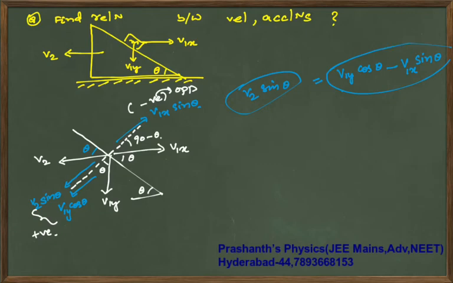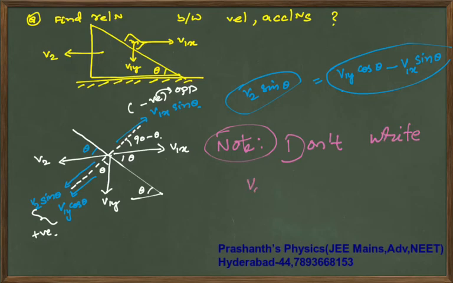If you want, I will put it in a note very clearly. Note: don't write the equation as v2 sin theta plus v1y cos theta should be equal to v1x sin theta. It is wrong.